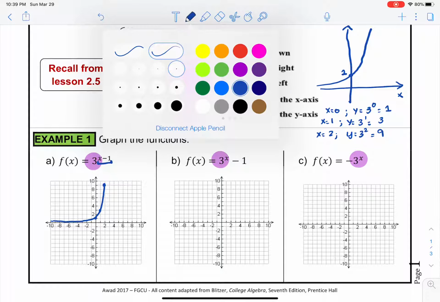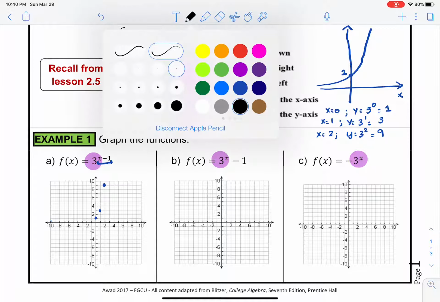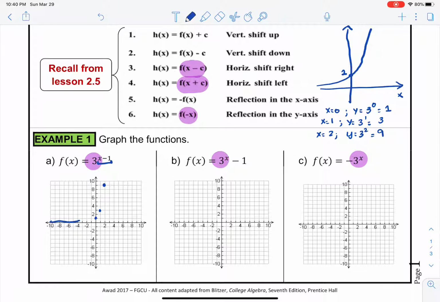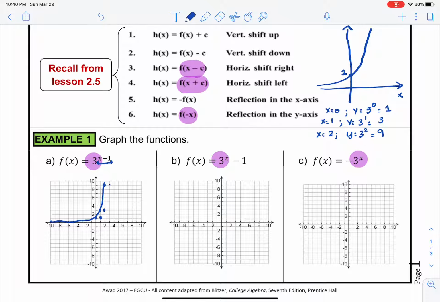So I'm going to draw this in black. Shift there by 1 unit, 1 unit shift, and 1 unit shift. And we'd have something like that.